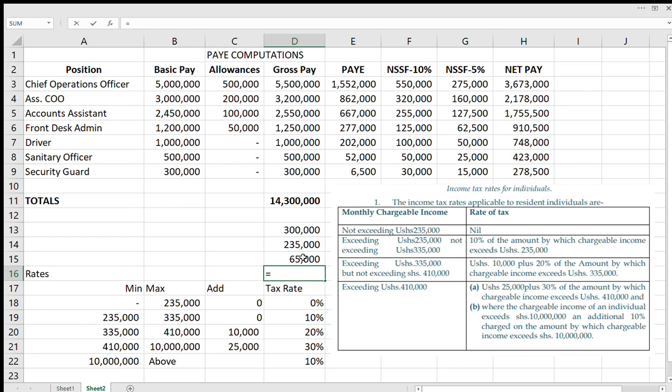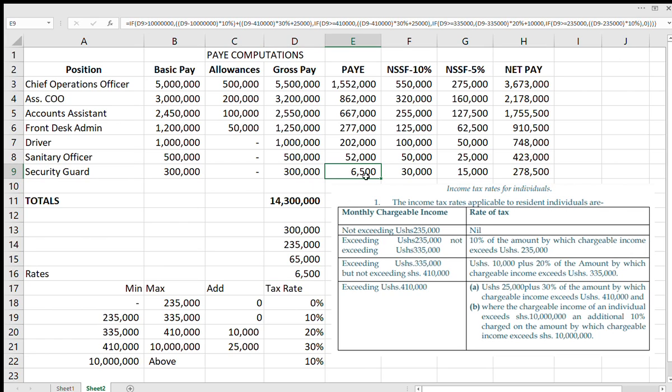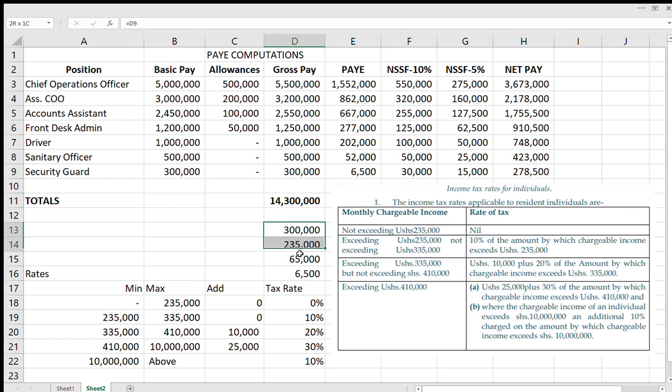So we select it, equals, select it, times 10%. What will it be? This person will pay 6,500 in pay as you earn. However, we shall use the if situation in the future, but this is for you to see how we actually interpret the data, so that when we are doing the computations using the if situation, you are able to follow through.